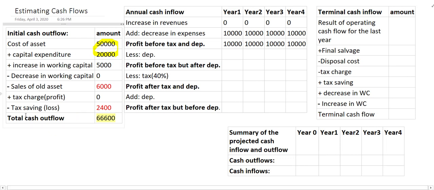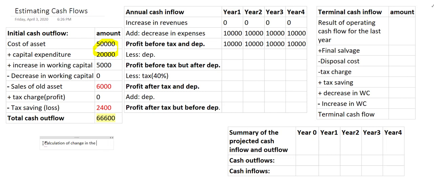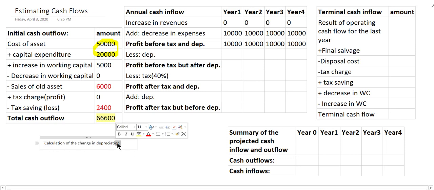So for this purpose, let me draw a table here and mention the calculation of change in depreciation.